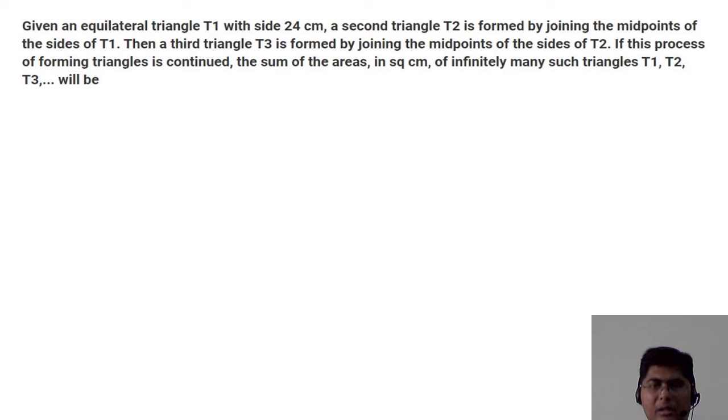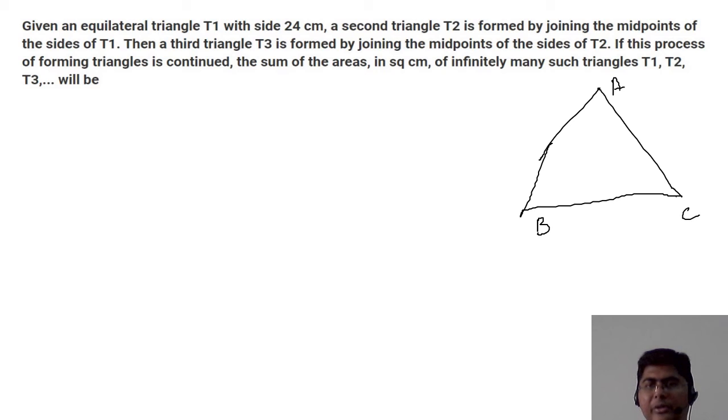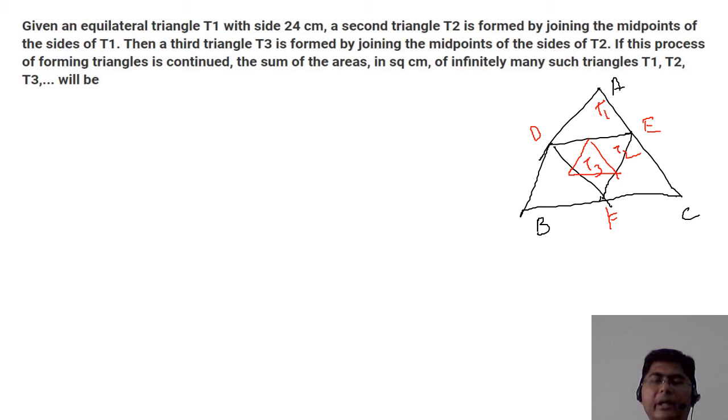So let's draw our triangle. A, B, and then C. So this is D, E, F. Okay. Then another triangle. So this is T1, this is T2, this is T3, right? And what is the side of AB, BC, and CA?